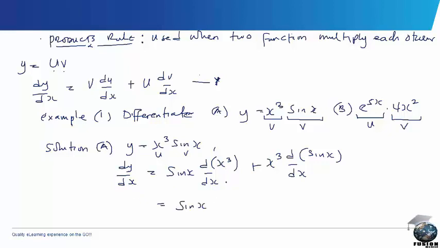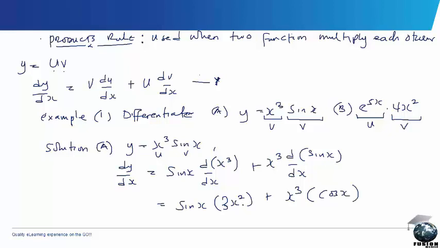So dy/dx will be equal to sine x here. If I differentiate x raised to power 3 using my binomial method, I have 3x squared, and from this point I have x cubed, and if I differentiate sine x, I'll have cos x.